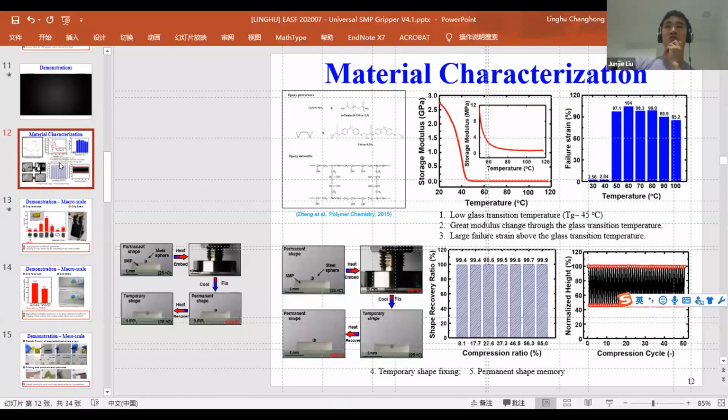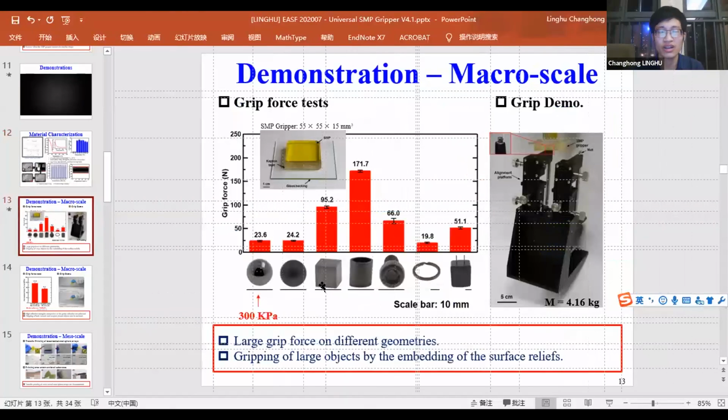Did you observe any fracture case? In our experiments, we repeated the pull-out test with the thin gripper with those geometries, even the cubic and the steel plate. We didn't observe fracture. Okay, I see. Thank you.